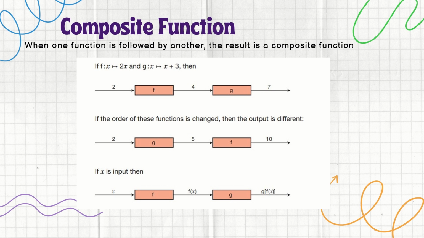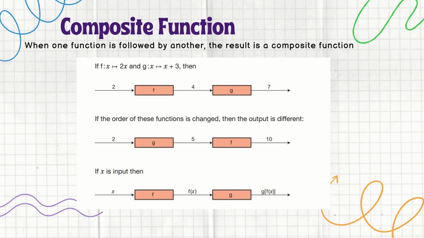If the order of these functions is changed, then the output is different. For example, when we put 2 into g first, we've got 5 because 2 plus 3 is 5. And after it, we put 5 into f, we've got 10 because 2 times 5 is 10.